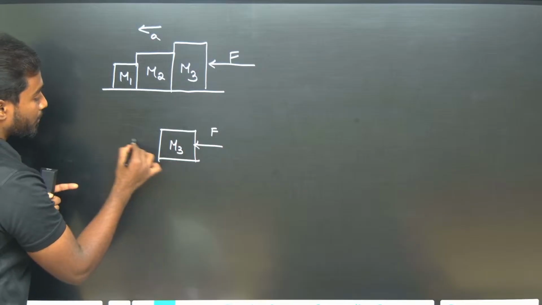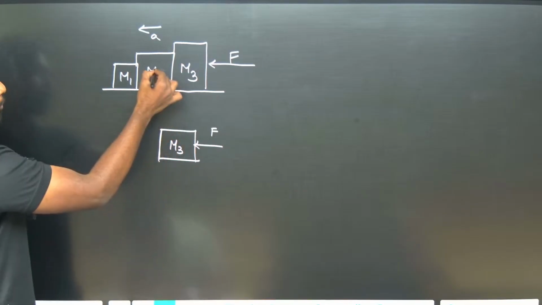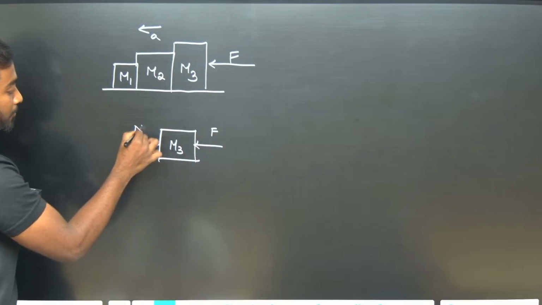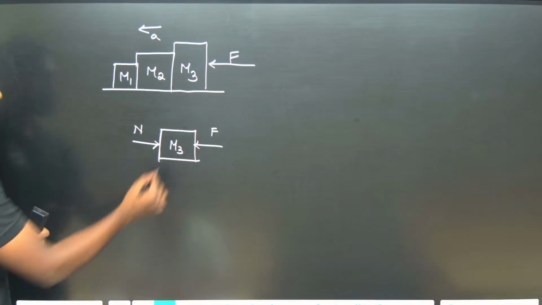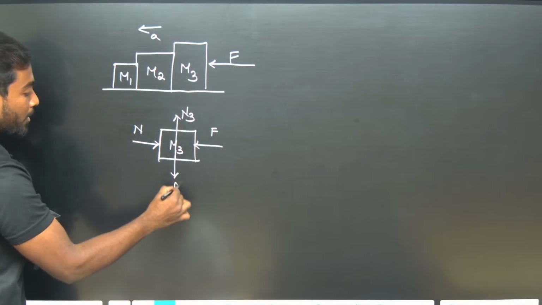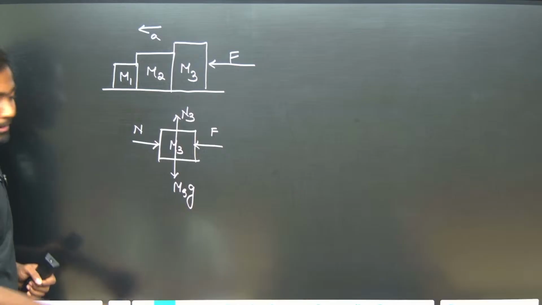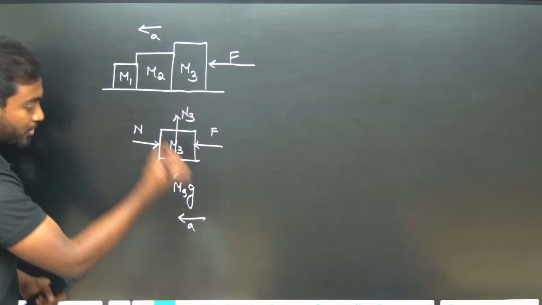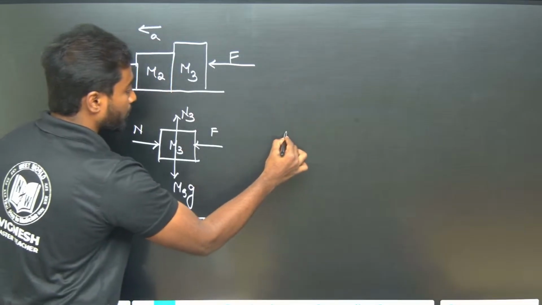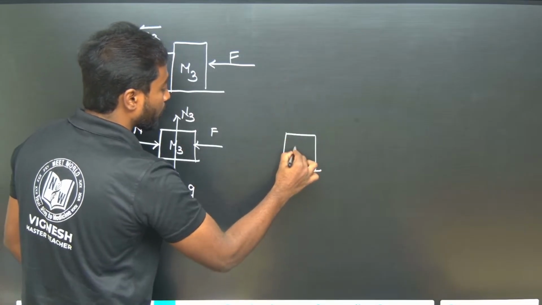So there will be a normal force exerted by M2, in this direction, N. This is my normal force, and weight will be M3G, and acceleration of the block will be in this direction, A. Now for the next one, M2.